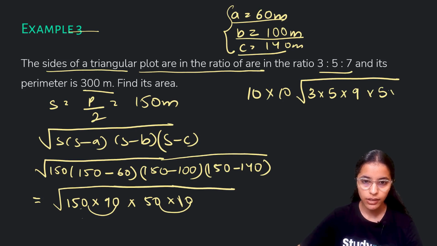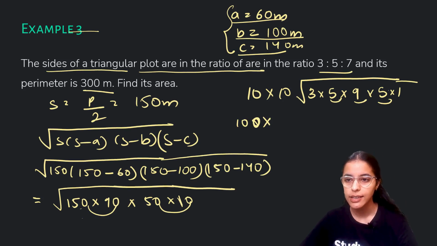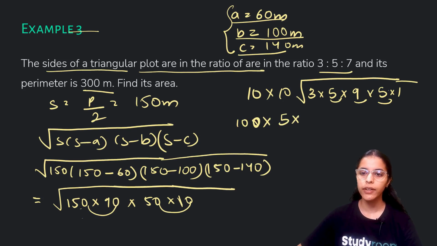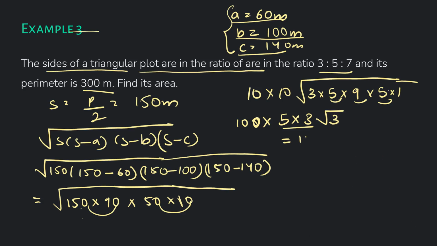So let us pair things up, 5, 5, and then 3. So what we can take out is 100, 10 into 10, then one of the 5s, then 3, and all that's left is under root 3. So we'll get 5 3s are 15, and we'll get 1500 under root 3.